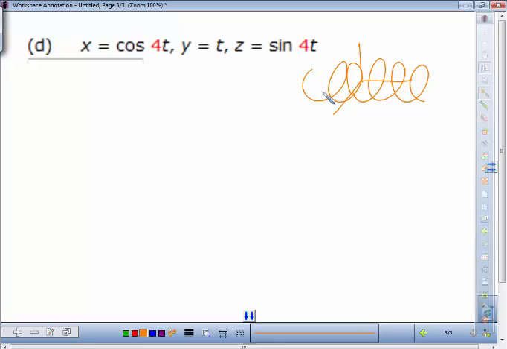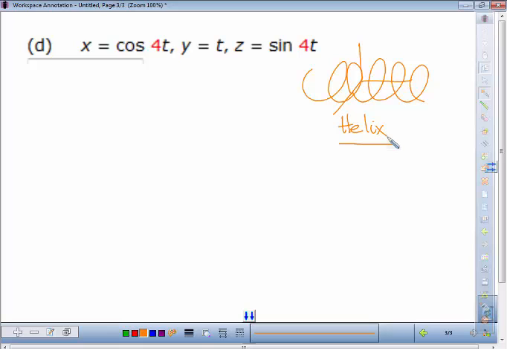So it looks like a spiral or a spring. By the way, do you guys know what this is actually called? Mathematical term. This is called a helix. If you look at the DNA helix, it's like a connected spiral thing. So this is called a helix, and it is basically the shape of a spring.